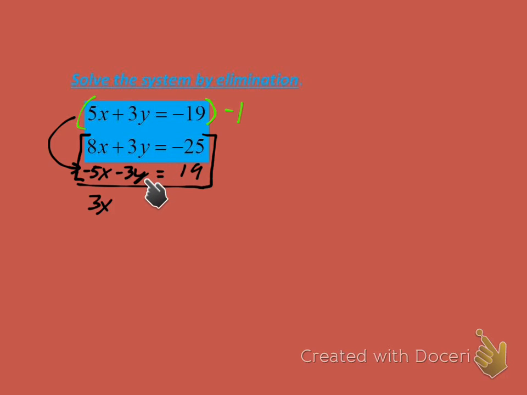What's 3 minus 3? 0. What's 0 times y? 0. So it's 0, which is the key. That's how this works. Those have to be opposite terms, so they fall out. Equals -25 plus 19, -6.